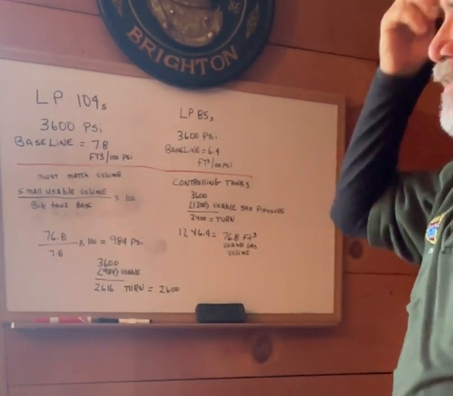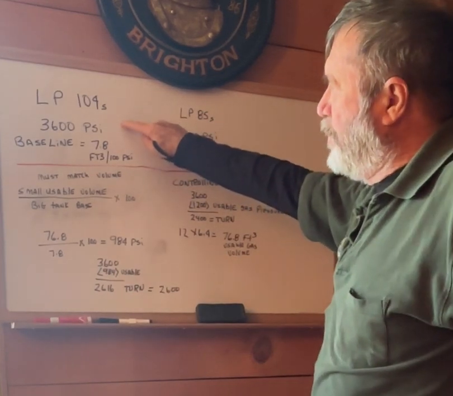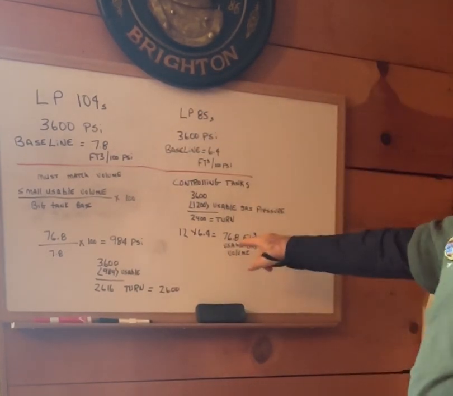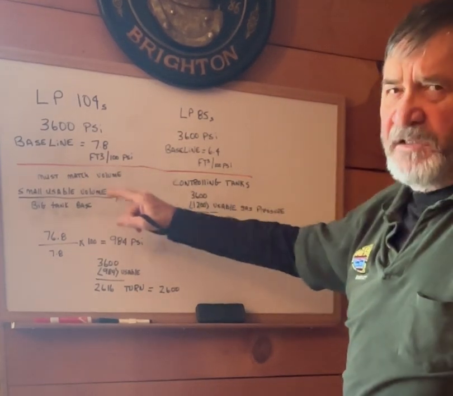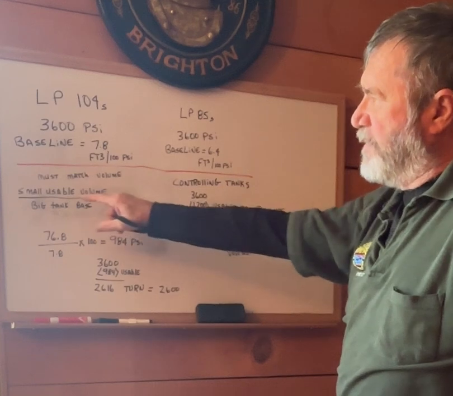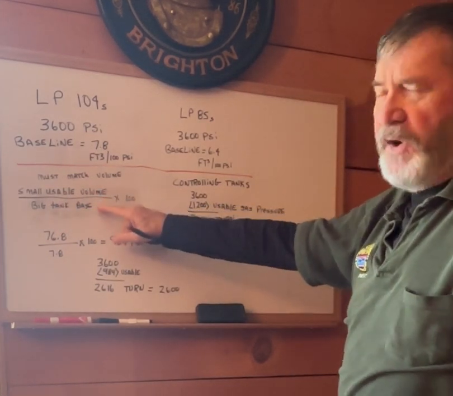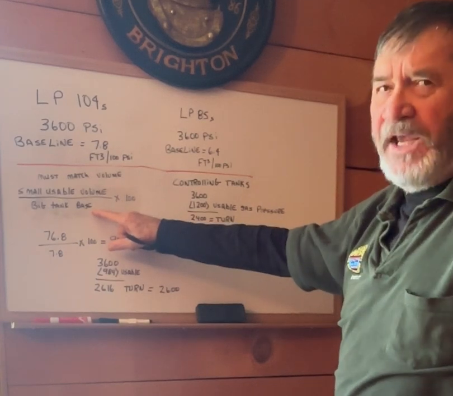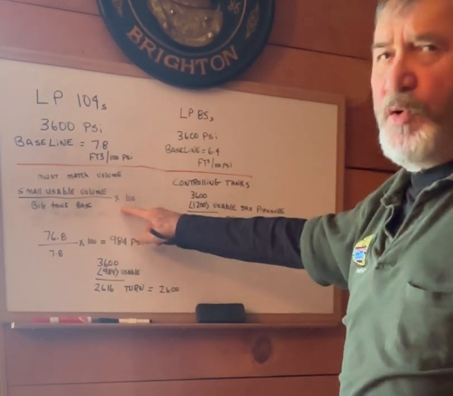So in order to determine how much pressure he can use to match 76.8 cubic feet, we have a relatively simple formula here that tells us that we should take the small usable volume, put it over the big tank baseline number, and then multiply that result by 100.